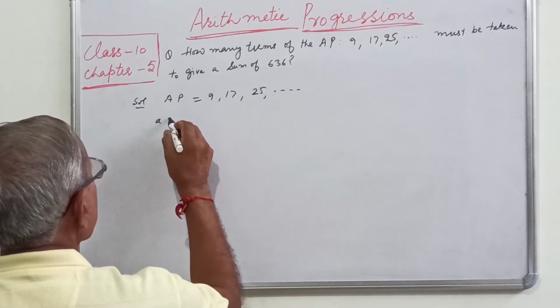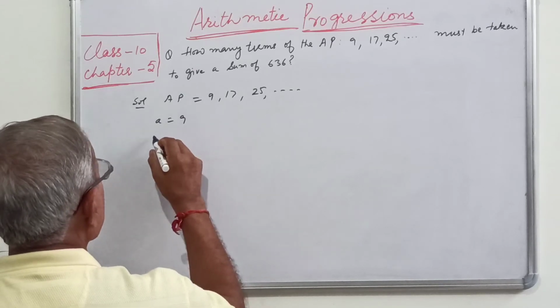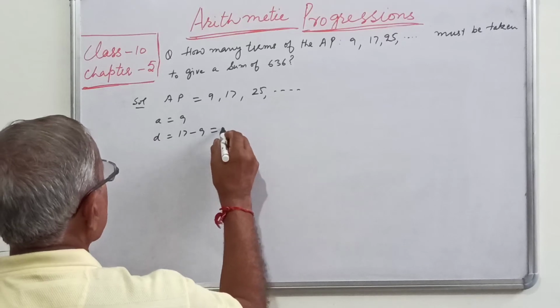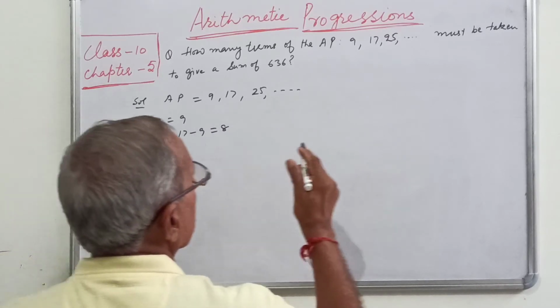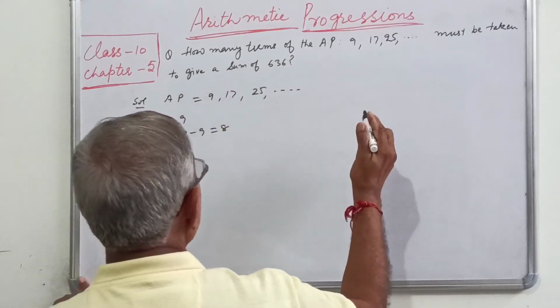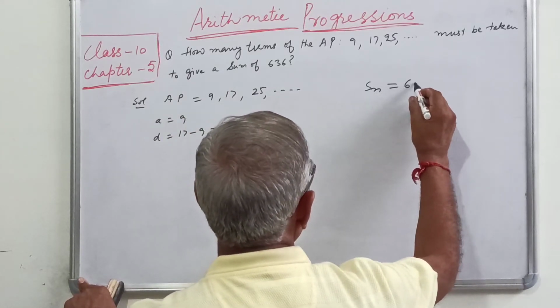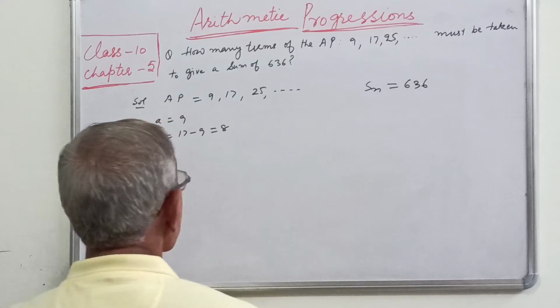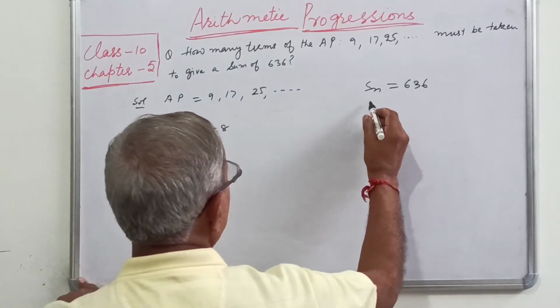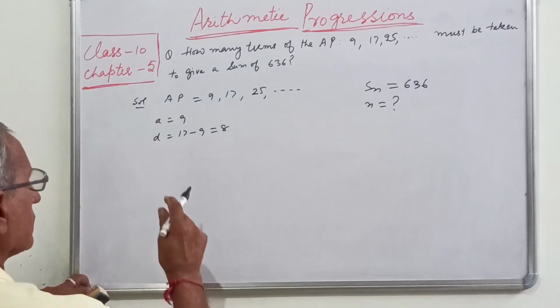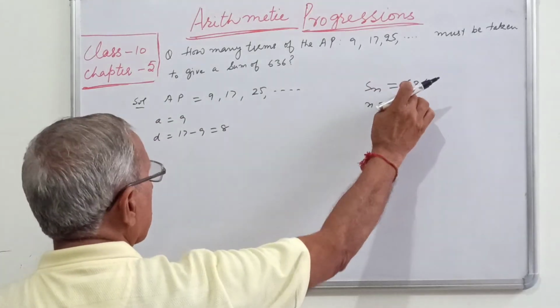So a here is 9 and d will be 17 minus 9, that is 8. And the sum Sn is 636. So we have to find the value of n. So put the value of Sn.